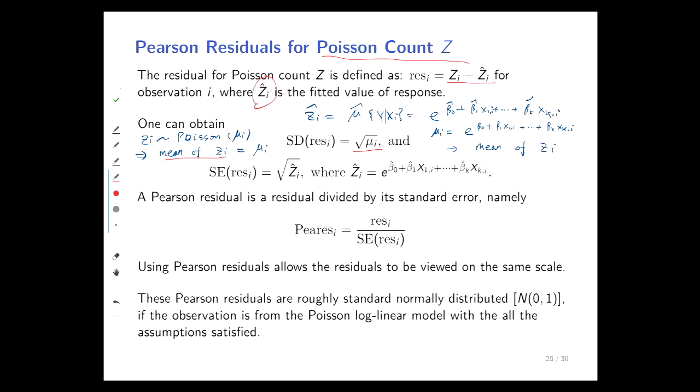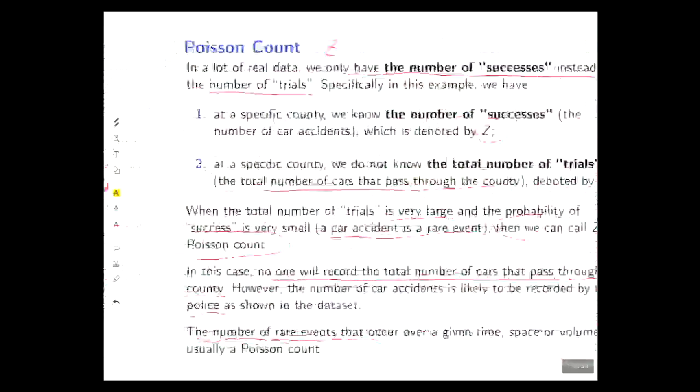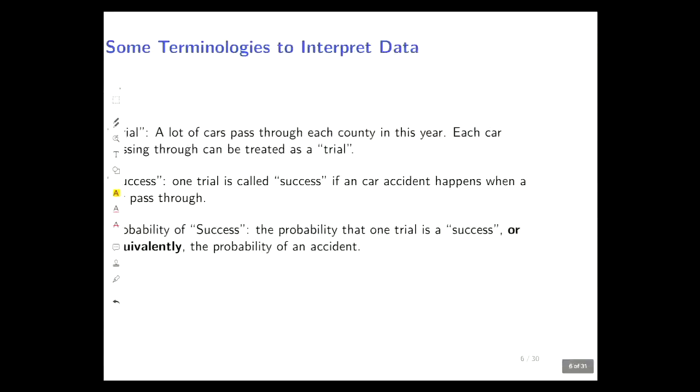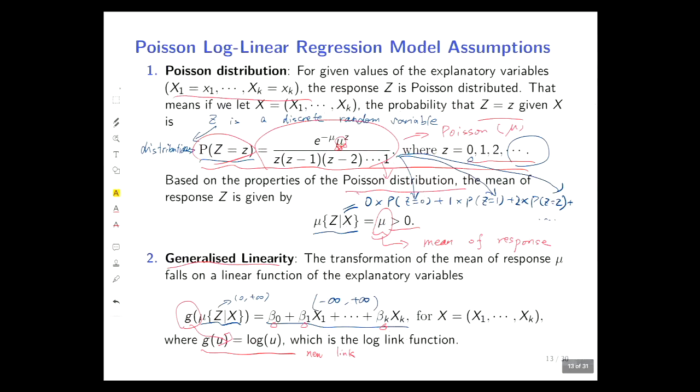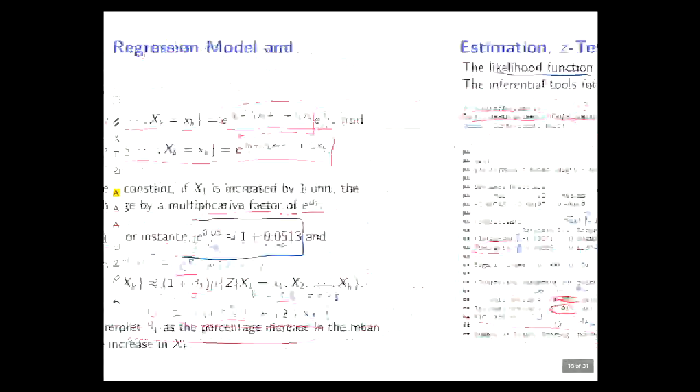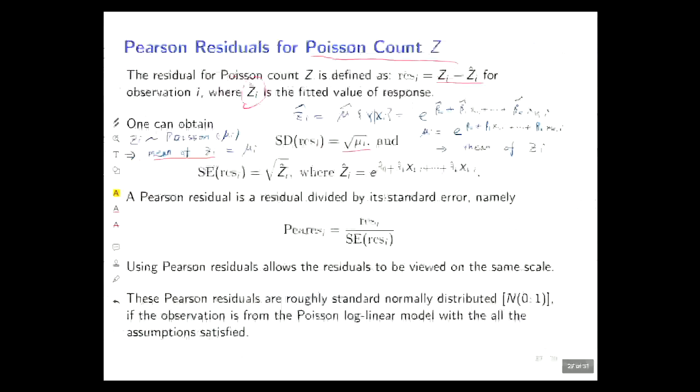I have already mentioned it earlier. It's from how to compute the mean of a discrete random variable. You can do it, and then you will find that the mean is exactly mu, which is the parameter in the Poisson distribution. So the mean of zi equals mu.